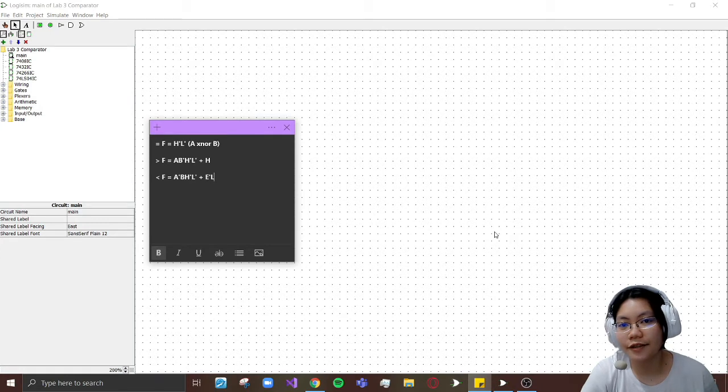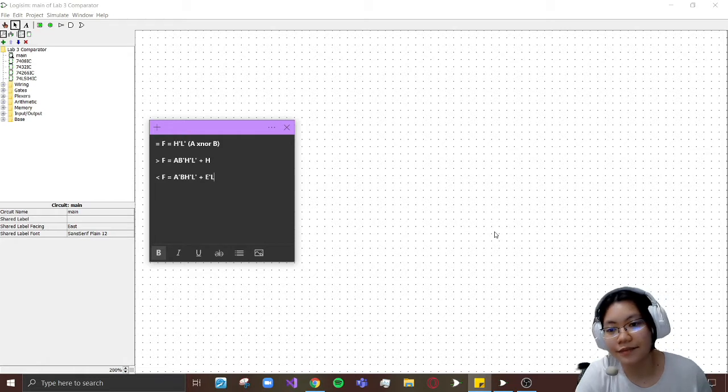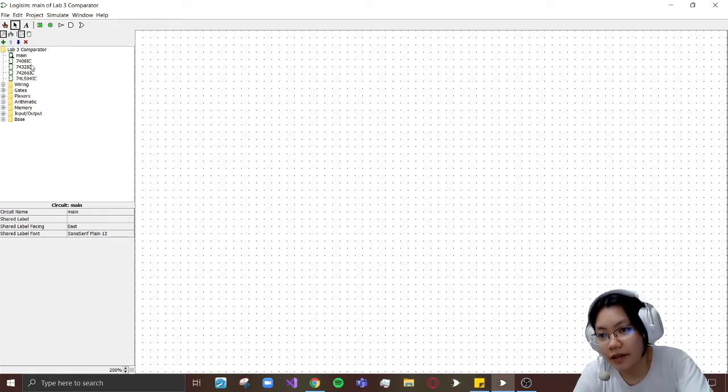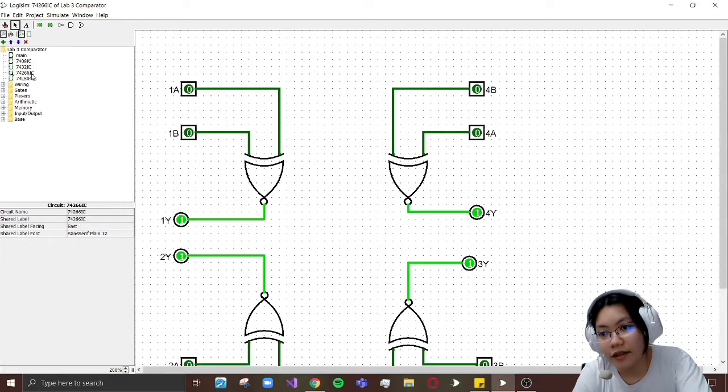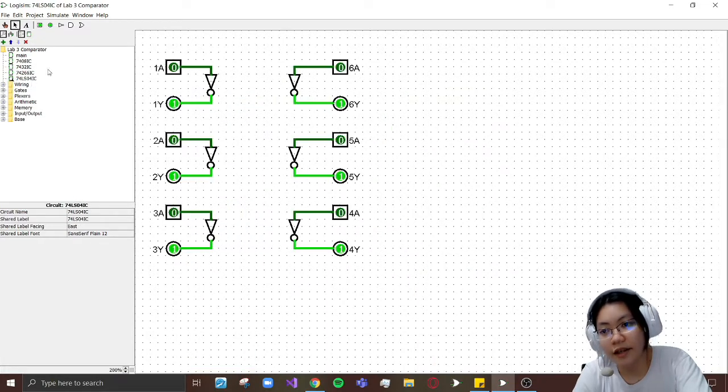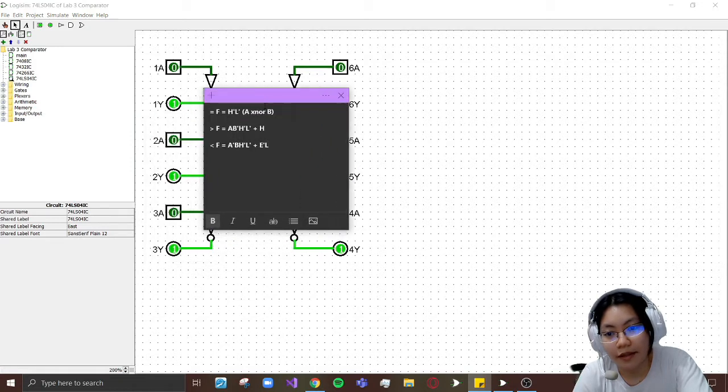Moving on to part 2 of our vlog, I've already prepared a Logisim circuit file wherein the AND IC, the OR IC, the XNOR IC, and the inverter are already present, because these ICs are what we are going to use to implement the 3 Boolean expressions that we derived from our Kmap from part 1.